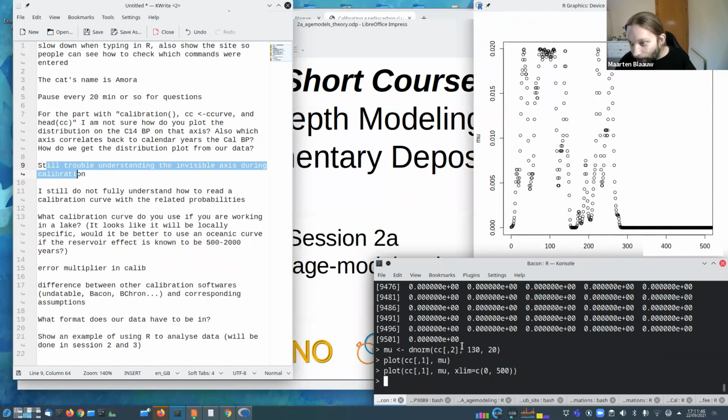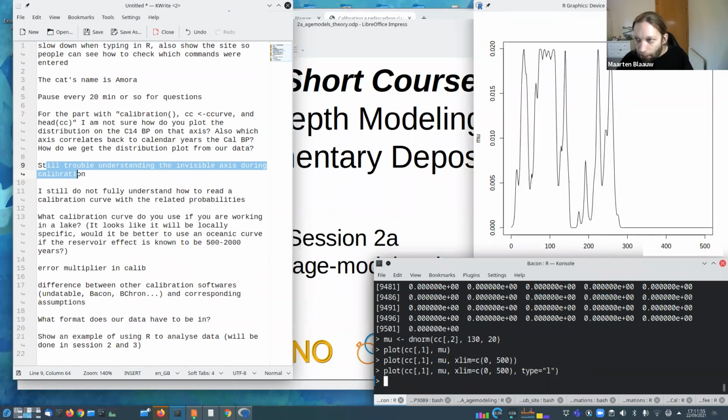That doesn't look like anything either because it's all dots, so we can plot it as a line. And there we get our calibrated distribution. So we're pushing our radiocarbon date through the calibration curve. For each calendar year, we're asking how likely is my radiocarbon date given the IntCal radiocarbon age of that calendar year.